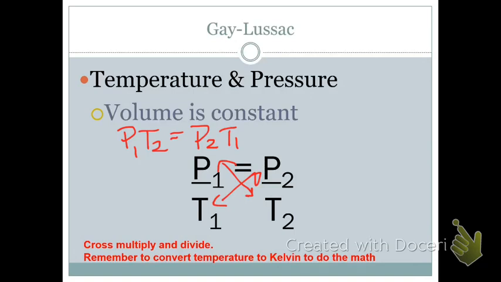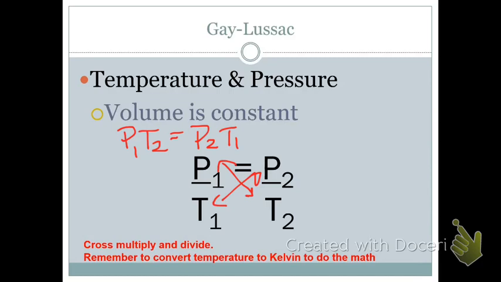And then we're going to multiply the pressure and temperature of one condition and divide it by the change in pressure to get what the temperature of the other condition was, or we're going to divide it by the change in temperature to find out what the pressure of the other condition is.